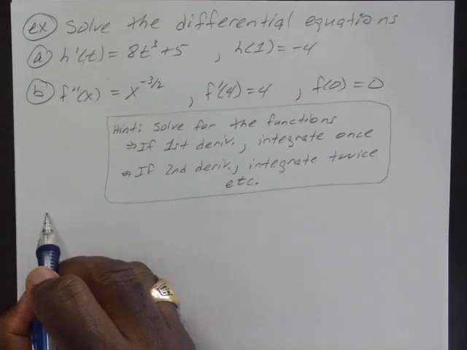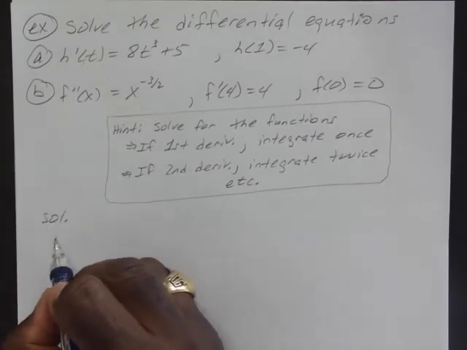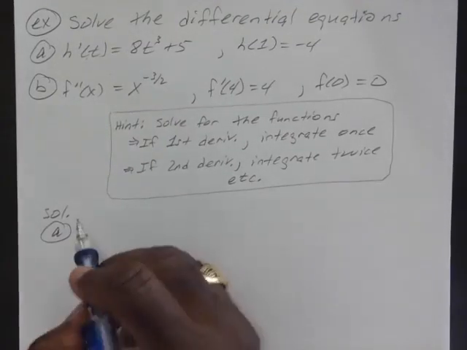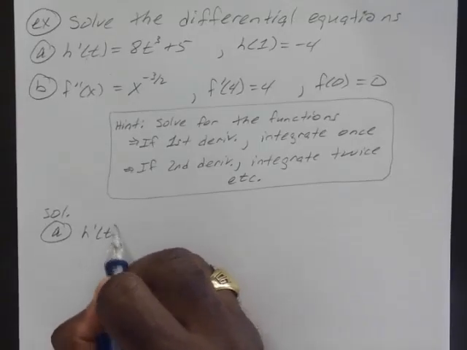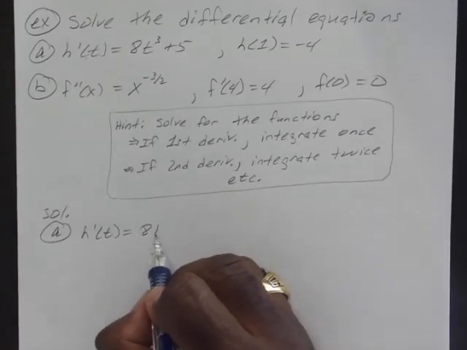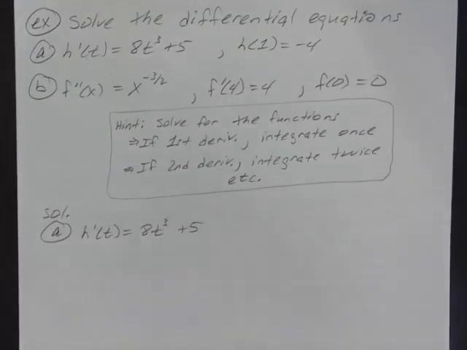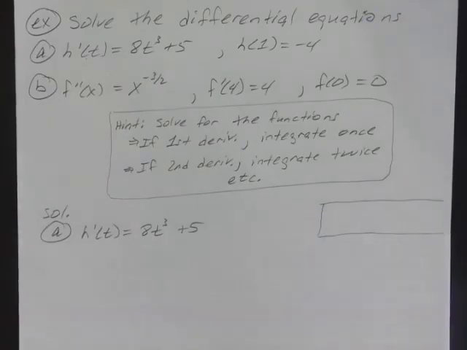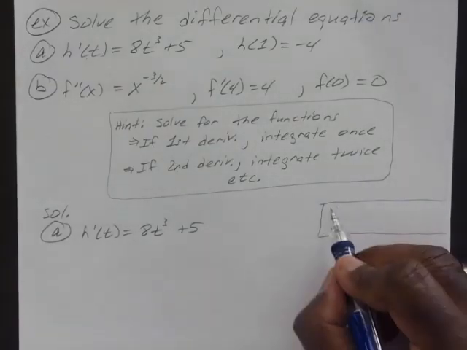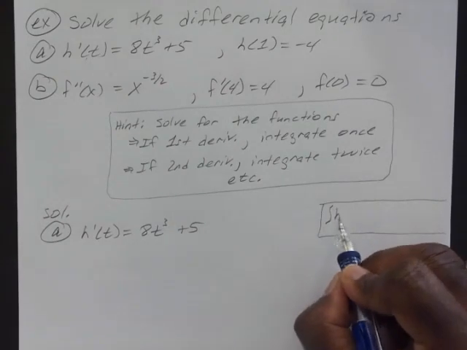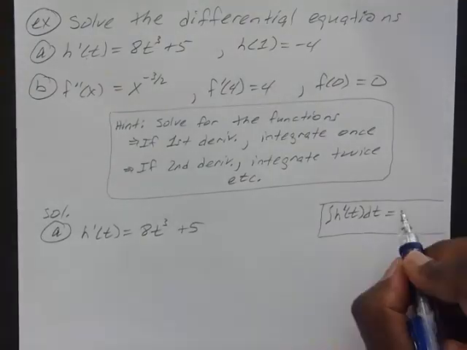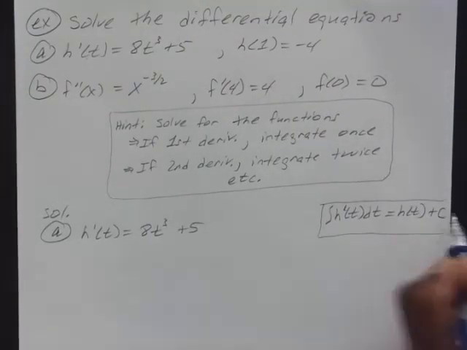Okay, so let's look at A. We have h prime of t is equal to 8 times t to the third power plus 5. Well, we know that the antiderivative of a derivative is just going to equal the original function plus c.